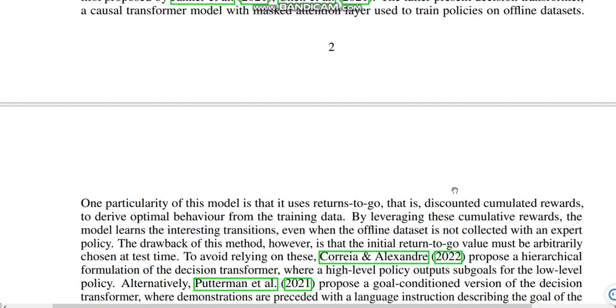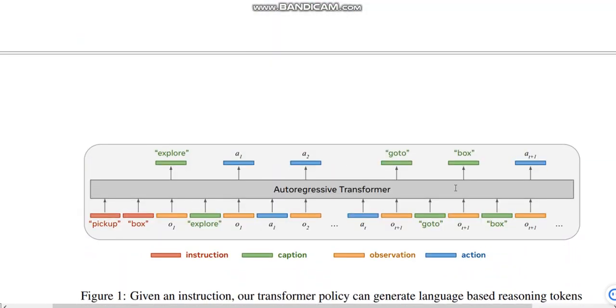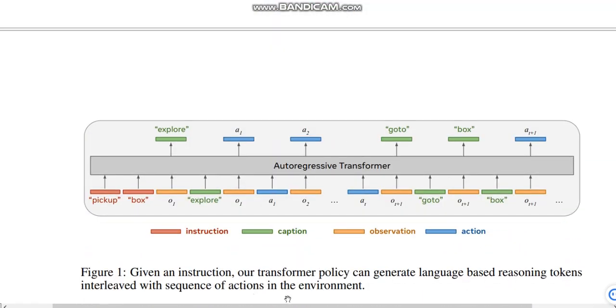So the instructions are given. It says pick up box, so it has to go pick up the box. It observes. An observation is given to the autoregressive transformer, and the autoregressive transformer says explore.